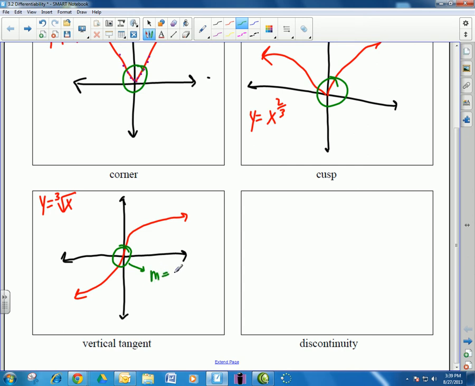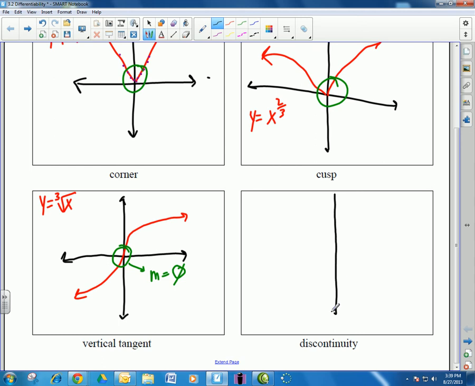That means your slope is straight up and down. It's undefined, so there's no slope there. So how can you have a derivative if the slope doesn't exist? Because the derivative is the slope. Makes sense.